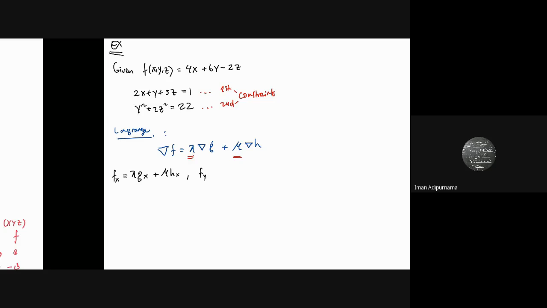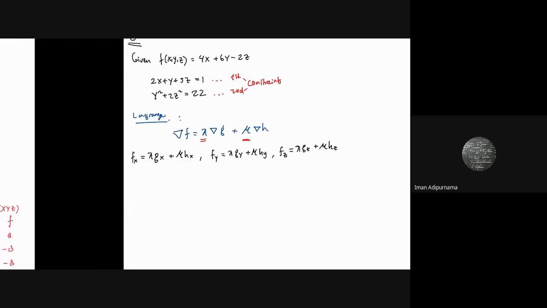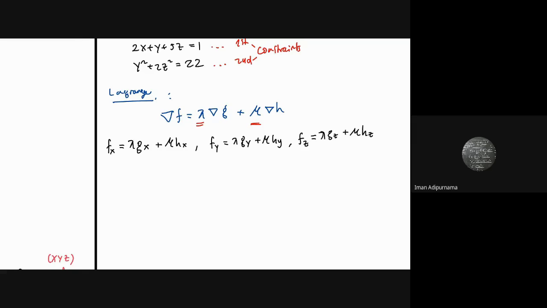And the other axes as well, y and z. And then the rest is we need to solve all the solutions. So we need to relate all these equations and find how we can solve them.